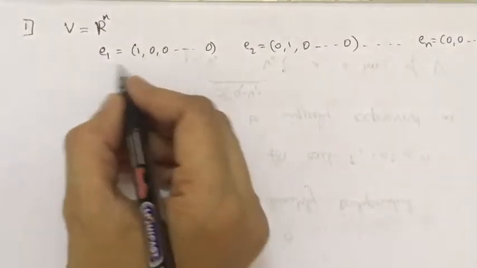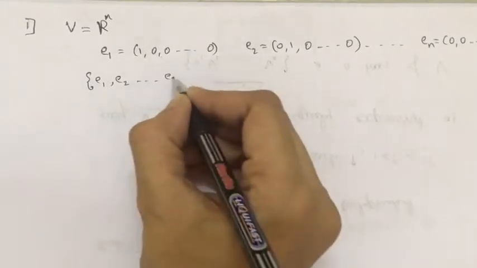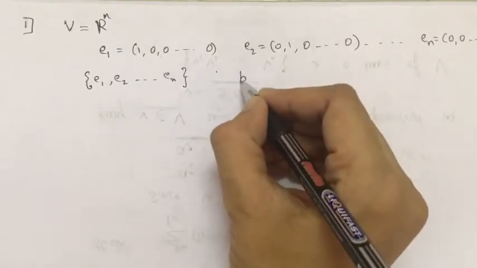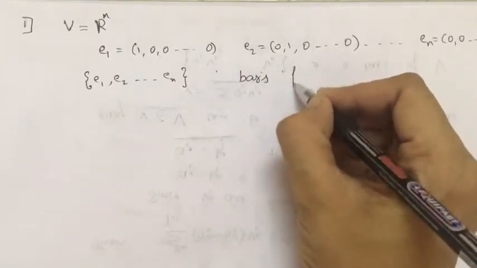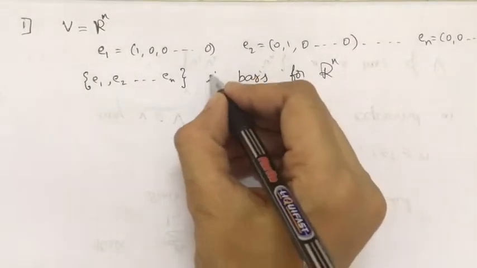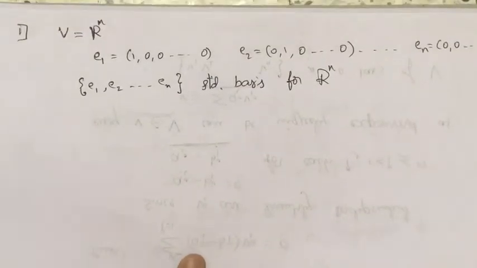Then I can say this set e1, e2, ..., en forms a basis for the vector space Rn. In fact, it is the standard basis for the vector space Rn.